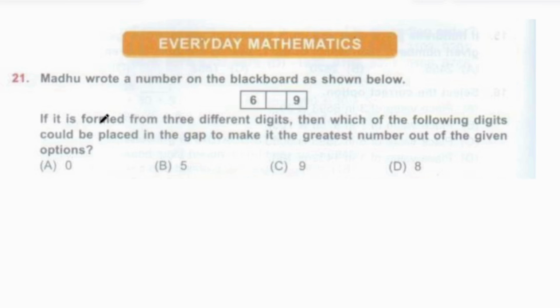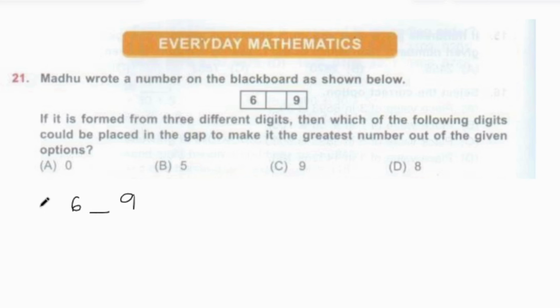If it is formed from three different digits, then which of the following digits could be placed in the gap to make it the greatest number out of the given options? So let's write down 6 dash and 9 as Madhu wrote it.